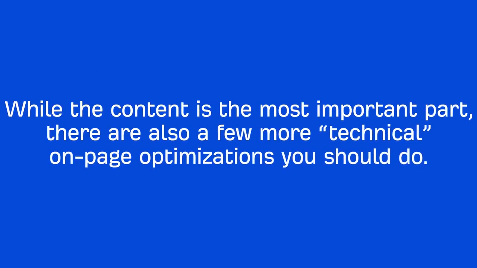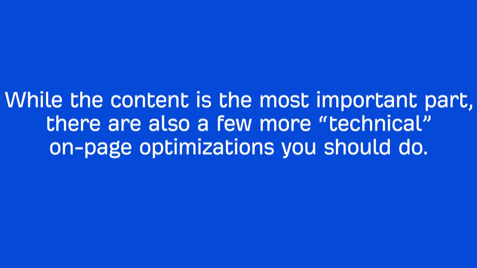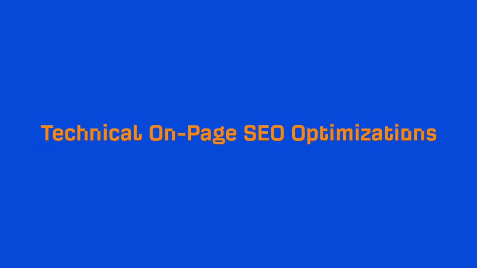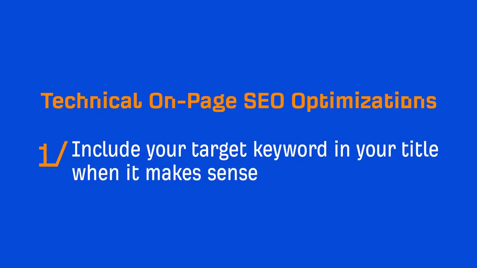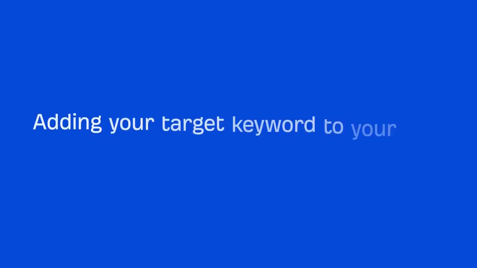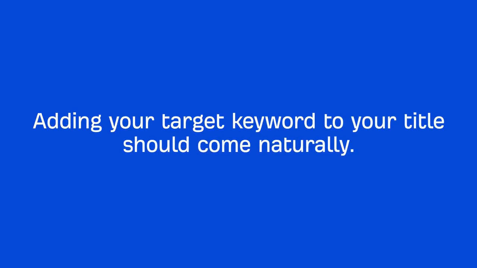And while the content is the most important part, there are also a few more technical on-page optimizations you should do. Let's go through a few of the most important ones. First is to include your target keyword in your title when it makes sense. Adding your target keyword to your title should come naturally.